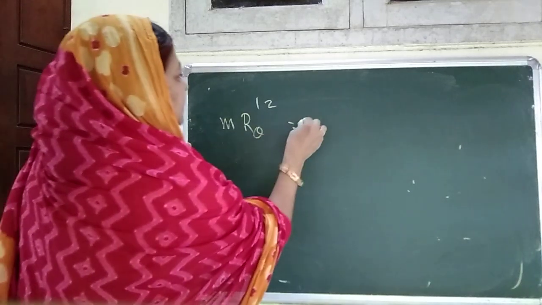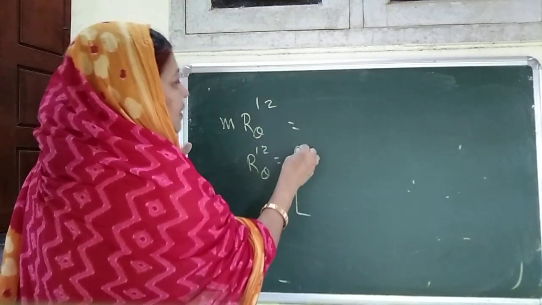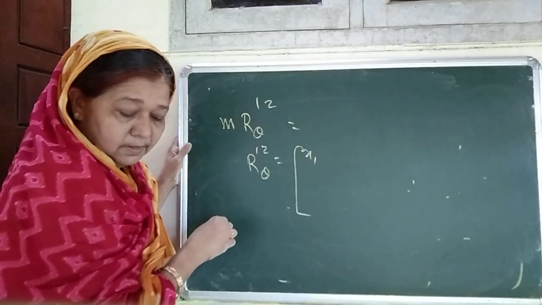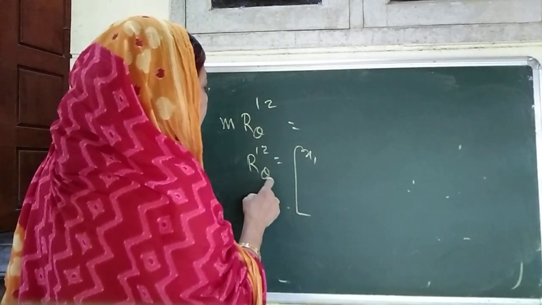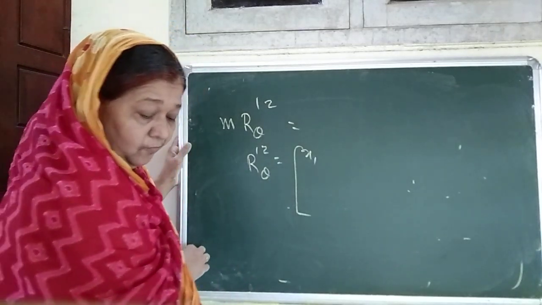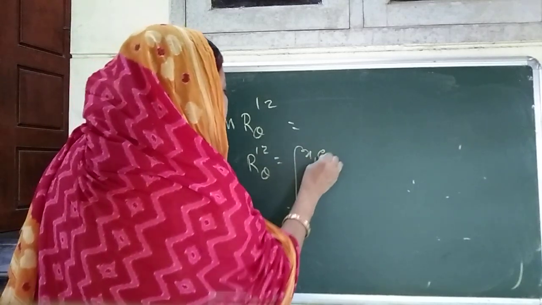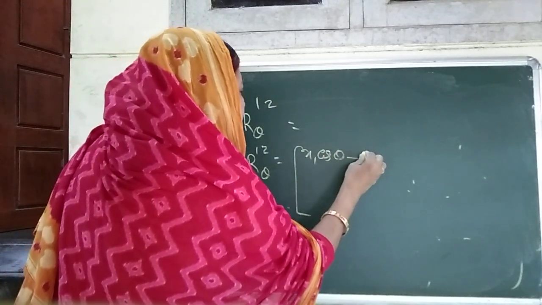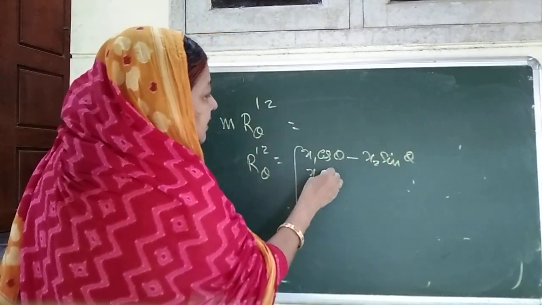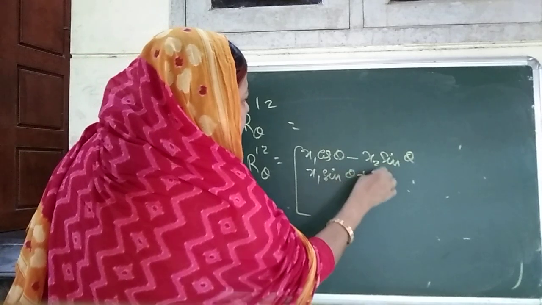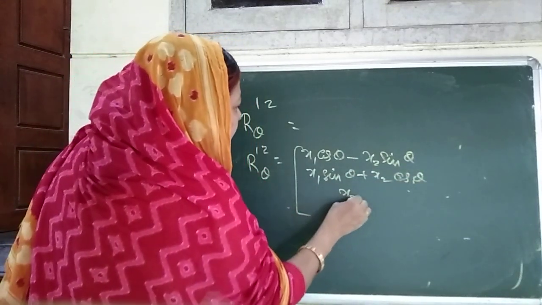We know this R theta of 1, 2 equals x1 cos theta minus x2 sin theta, then x1 sin theta plus x2 cos theta, then x3, x4.